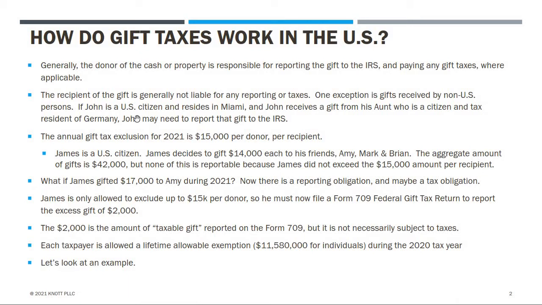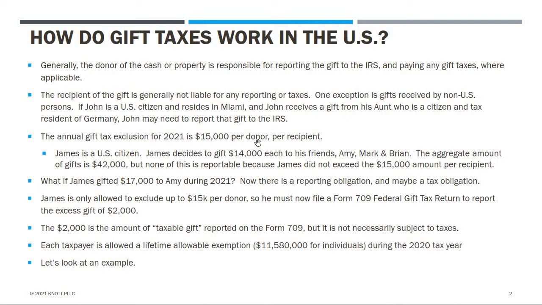Now, the second big point to note here is the gift tax exclusion on an annual basis. So the gift tax exclusion for this year, 2021, is $15,000 per donor per recipient. It was the same rate in 2020 as well. It kind of gets changed every few years. Mostly it's just adjusted for inflation.